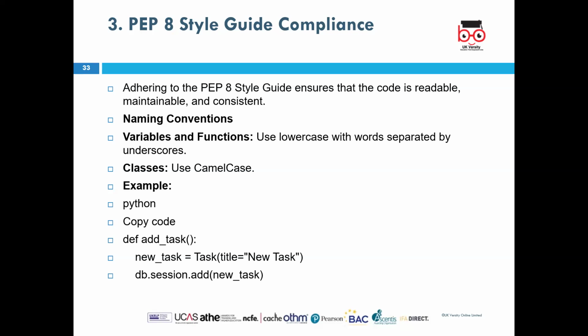Variables and functions use lowercase with words separated by underscores, while for classes, we always have the first letter of each new word as a capital letter. We have examples of this, where by creating a new function, we put add_task, and we have our parentheses for our parameters.